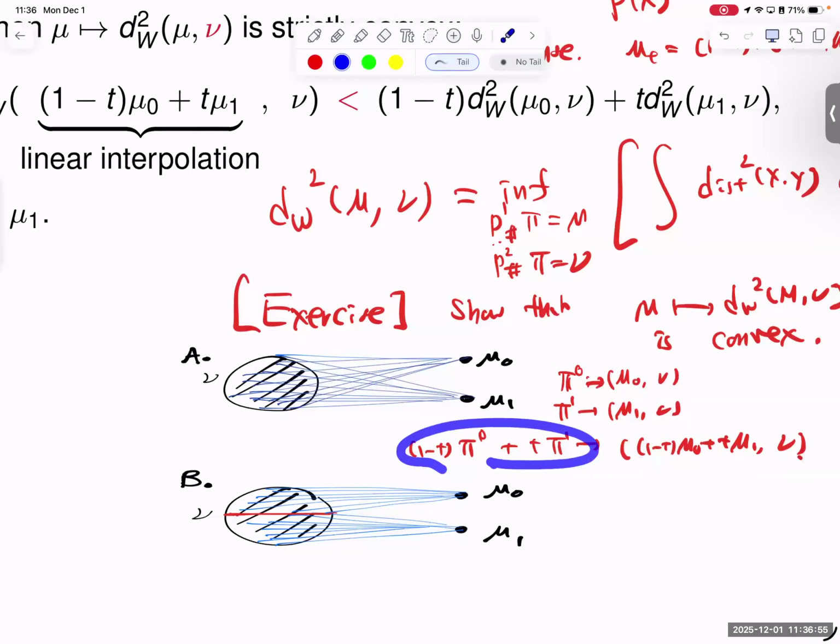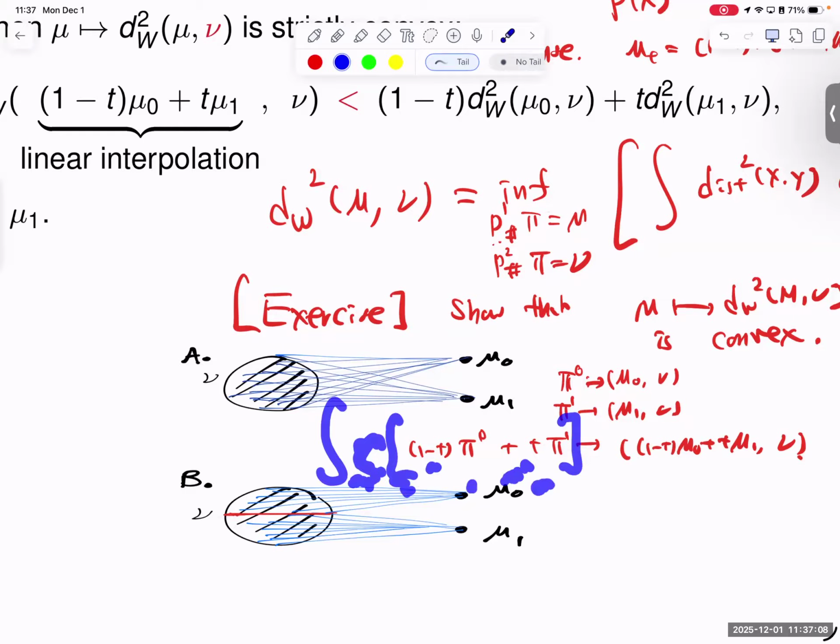And the cost of this, meaning the integration of this measure against the cost function, has a linear structure, right? So you have the sum of these two costs.